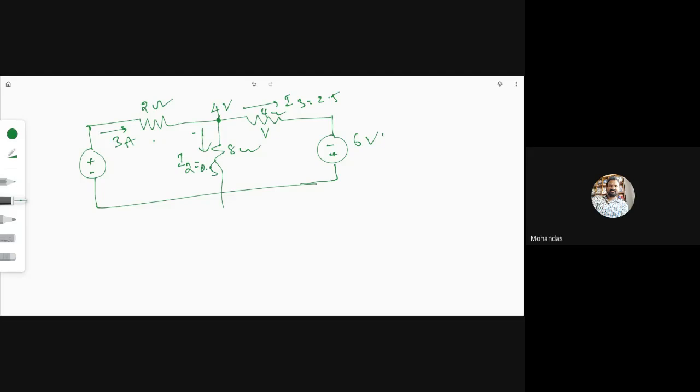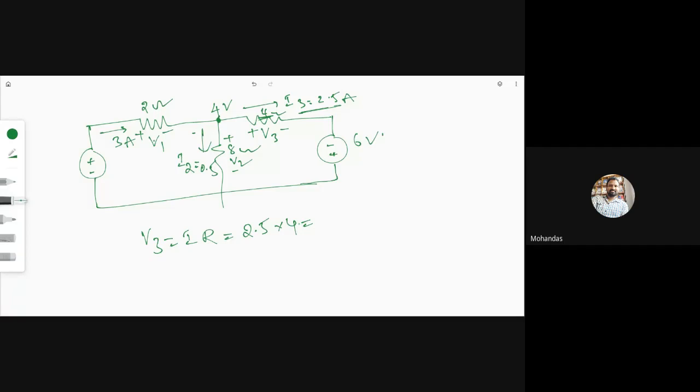V3, V2 and V1. Let me ask: what is V3? First calculate V3, the voltage across this resistor. The formula is V equal to I into R. How much current is flowing? 2.5 amperes. 2.5 into what is the resistance here? 4.